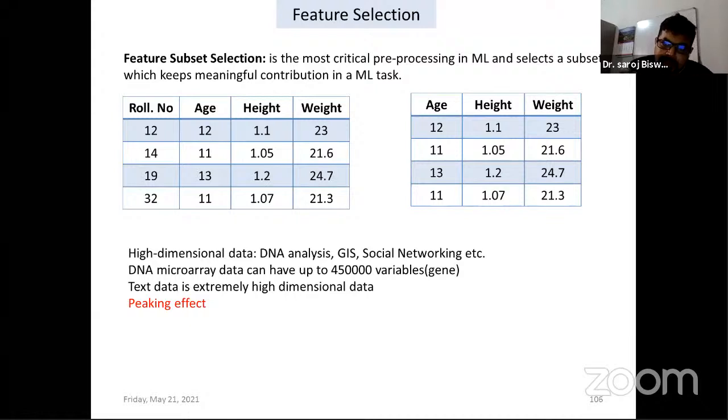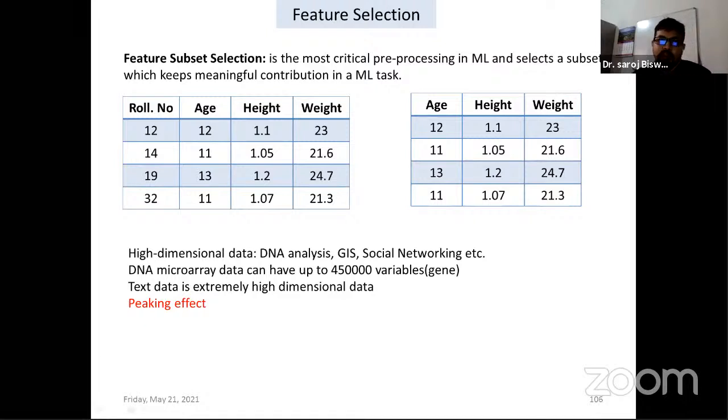But try to understand, if you have a small database and we increase the features, then the performance drops. That scenario is called the peaking effect, right? So if we have a small database and increase the number of features, automatically the performance drops, and that event is called the peaking effect.